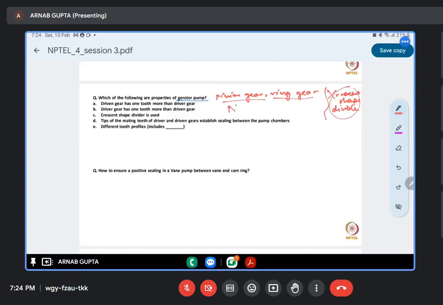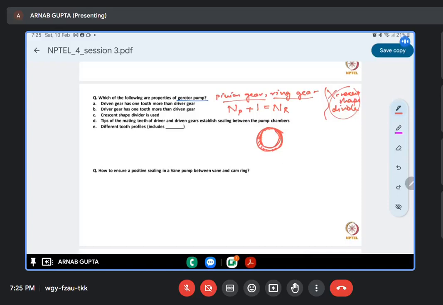The pinion gear has just one tooth less than the ring gear. You can understand that the fitting is very close, and this gap is very small. It's just one tooth less in case of the pinion gear, the internal gear, as compared to the external.